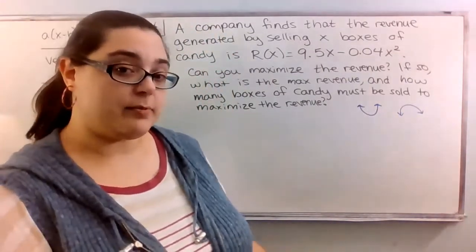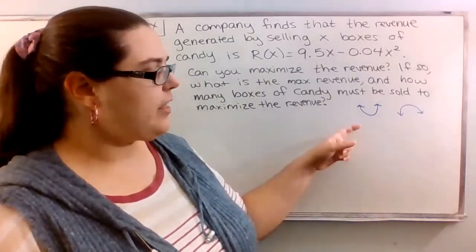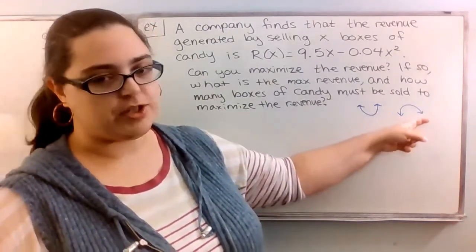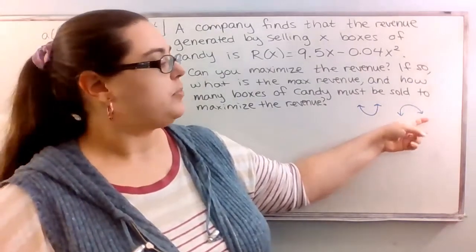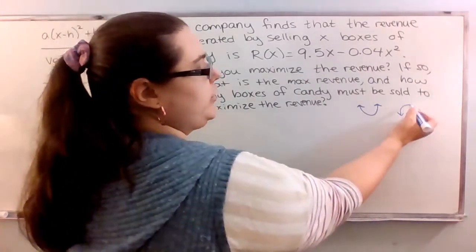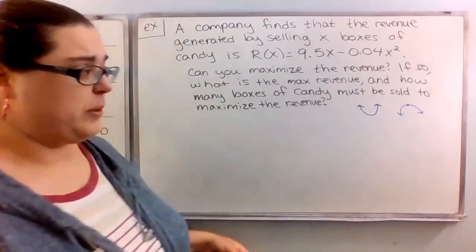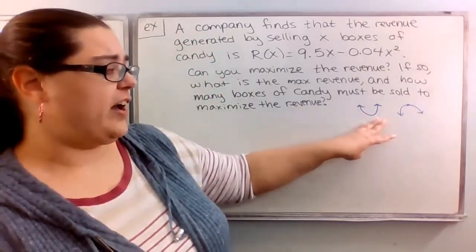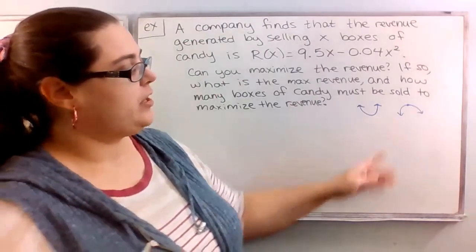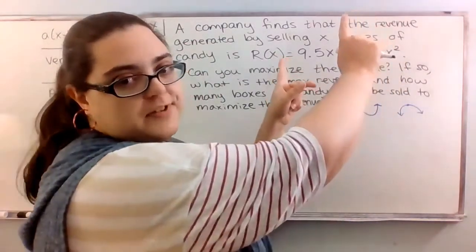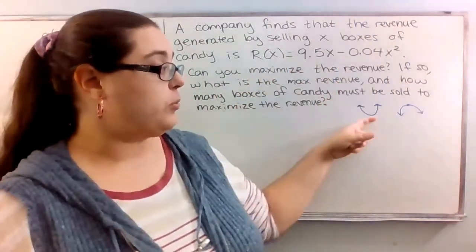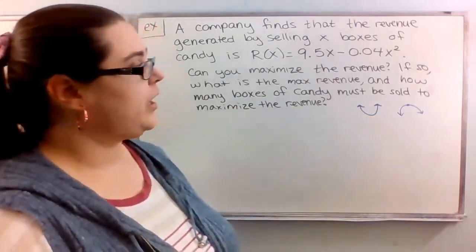If I'm trying to maximize revenue, then I want a situation where my parabola is frowning, because that turning point is going to be where my maximum is. Otherwise, if I have just the smiling parabola, then it's just going to continue forever on both sides, and there won't be a maximum. There will be a minimum, but not a max.